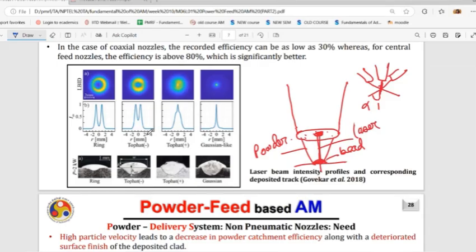In this case, if you see, there are two peaks. This is showing us the laser intensity peaks. Here it's only one peak which is very sharp. Not exactly Gaussian; exactly Gaussian will be somewhat like this.